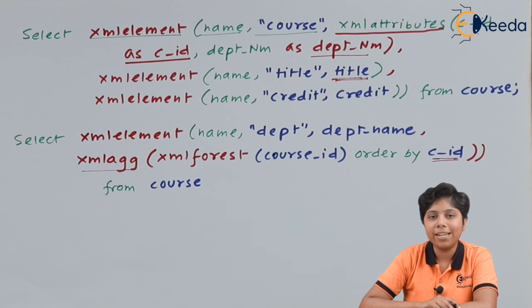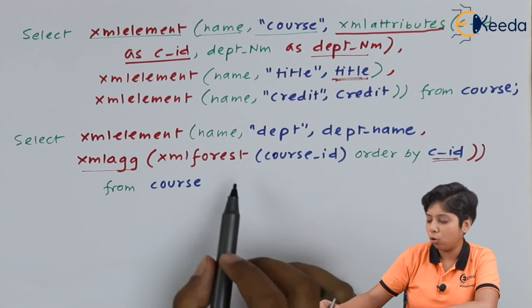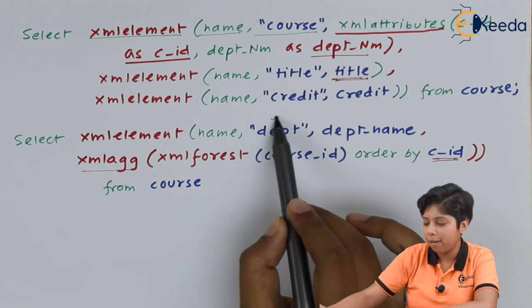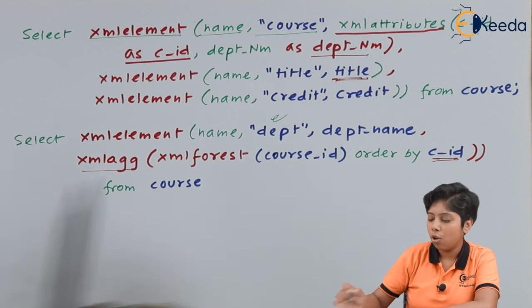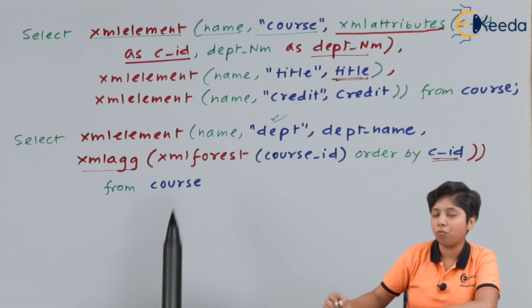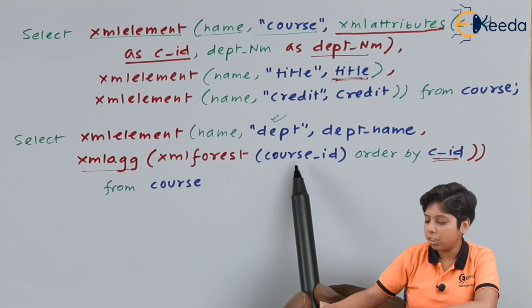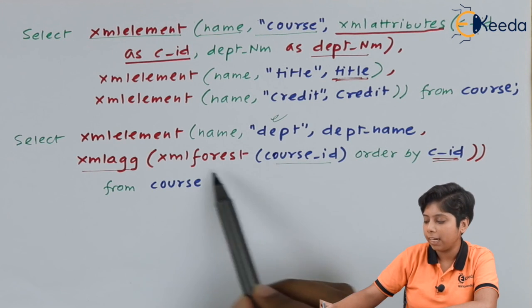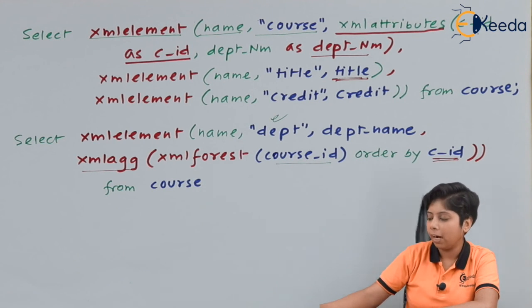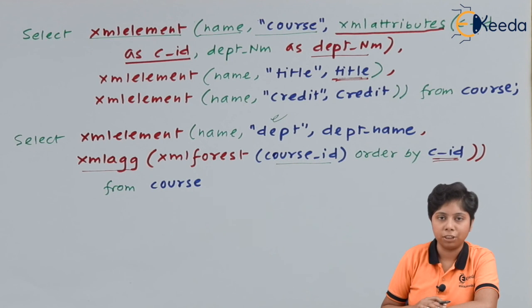Now our query is that we want the courses department wise, so we can use group by department, because our element is basically department, which has a sub-element from the relation courses, which is used by this course ID as the XML forest and ordered by the course ID function.